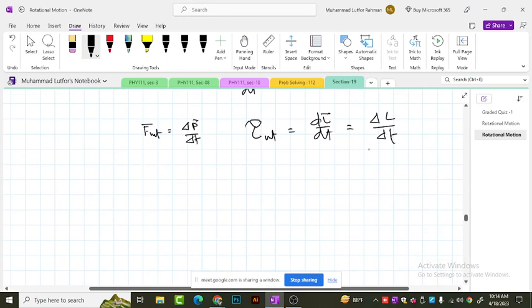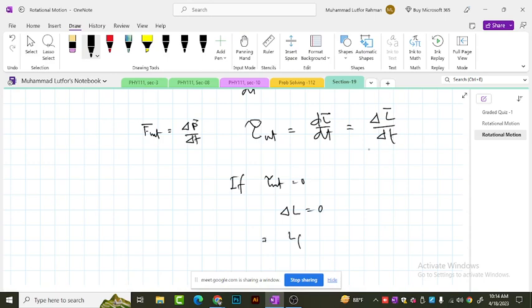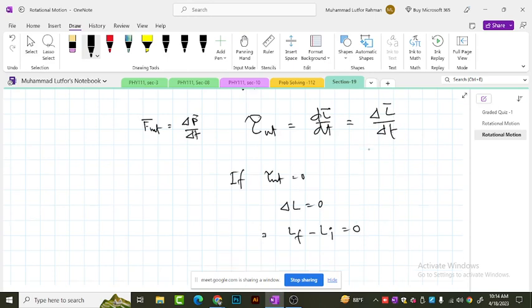This is a vector actually. Let's say if that torque is 0 on the system, then what can I write? I can write that del L would be 0, right? So del L is simply the change of angular momentum, final minus initial.